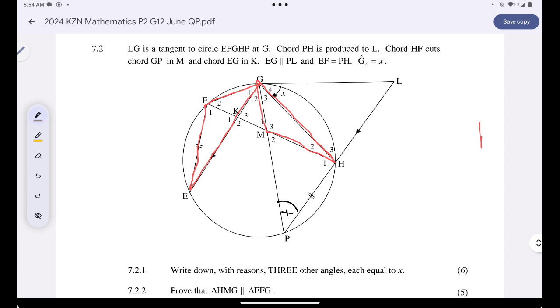Okay, firstly, guys, I know that there are angles there which are subtended by equal chords at the circumference. Another one is, let me see, another angle.